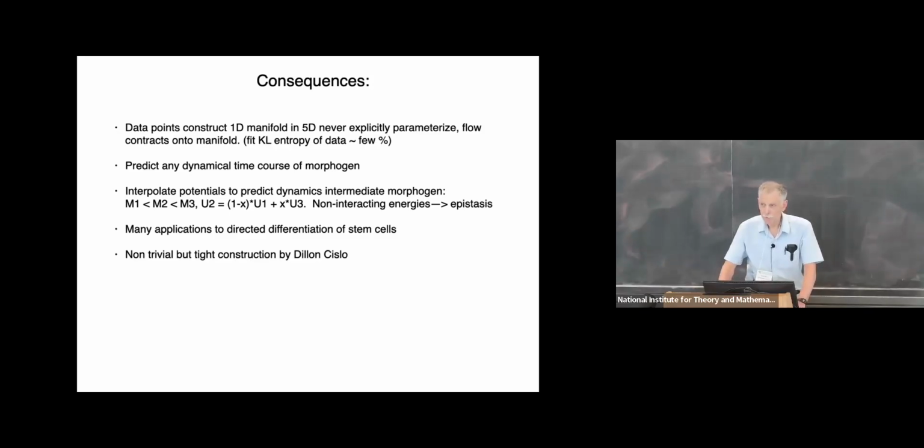The virtue of that is that you have non-interacting energies that are added together in the exponent to predict gene epistasis. That is non-trivial, and it comes about sort of for free from all these geometric models. We obviously can apply this to many stem cell differentiation problems, and it's a very tight but non-trivial construction, which Dylan did with very little input from me.